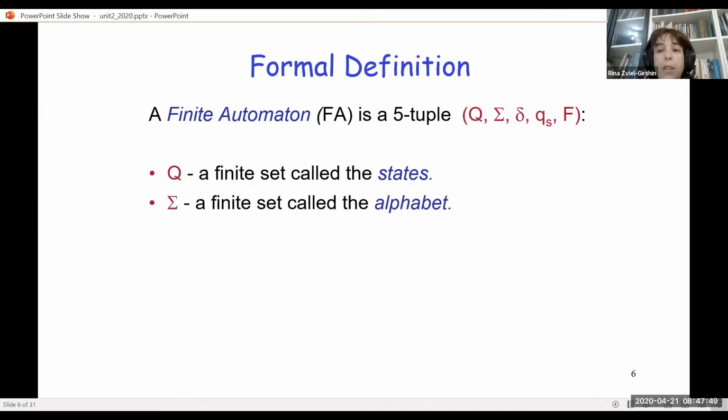We have a finite alphabet. It can be a binary alphabet 0, 1. It can be an alphabet of letters A, B, C. It can be an alphabet of whole words, for example, red, blue, yellow, and so on. But usually we are using a finite alphabet with single letters in it.